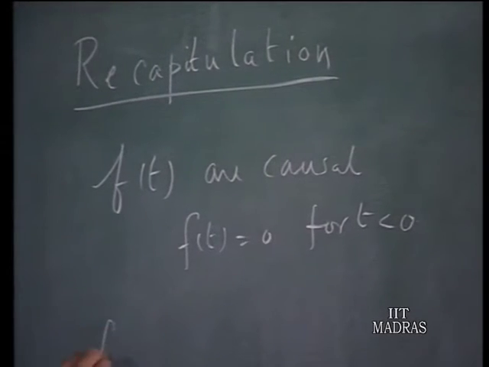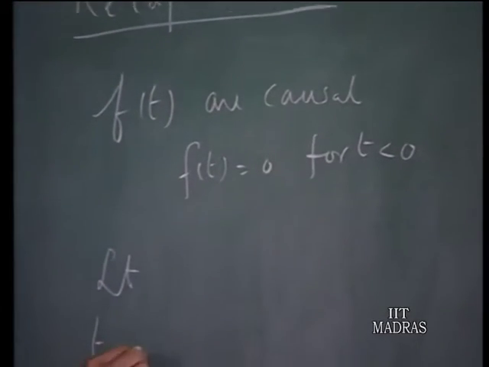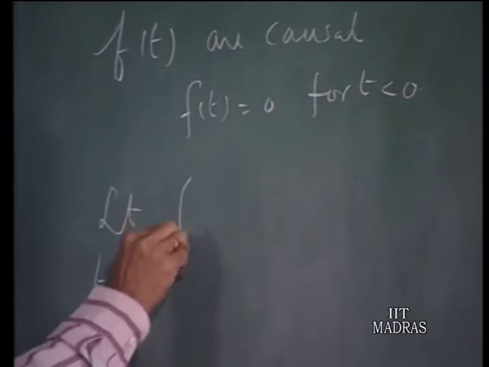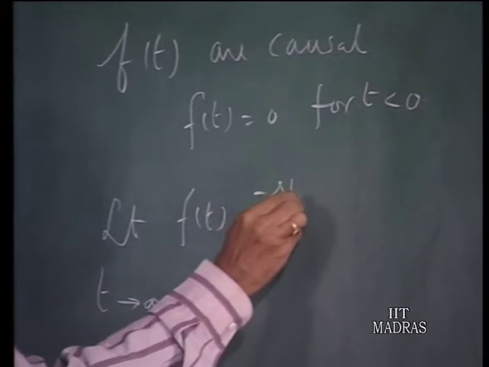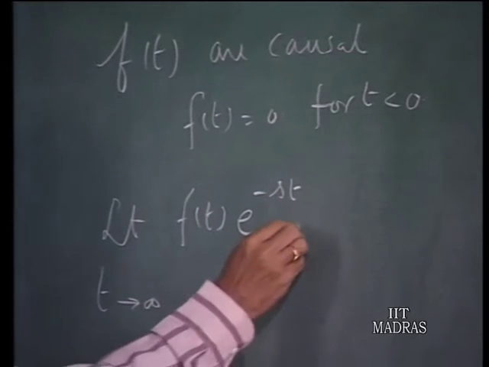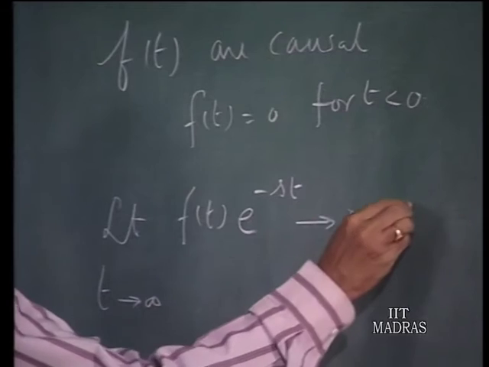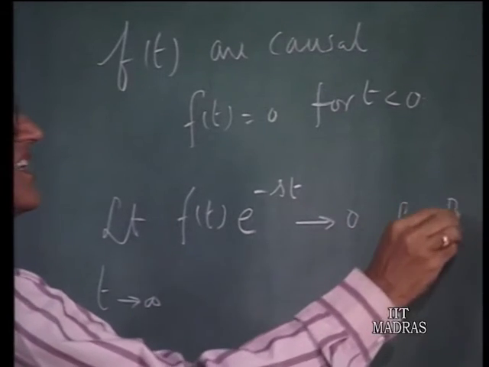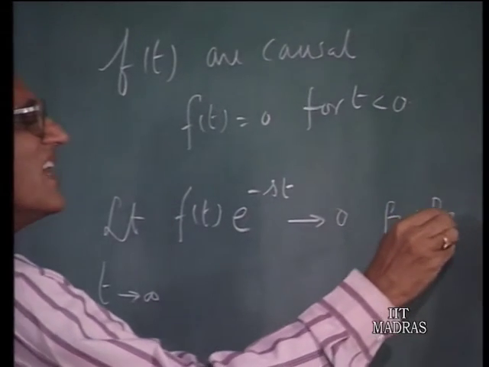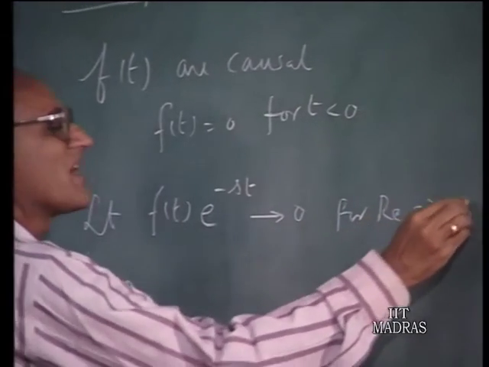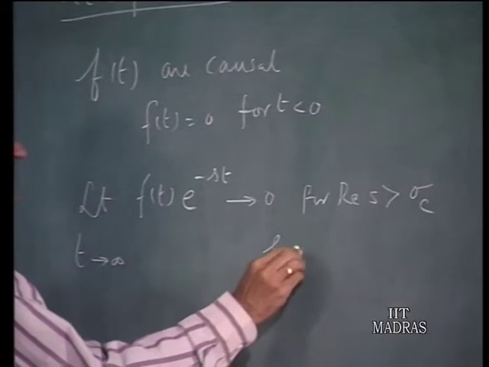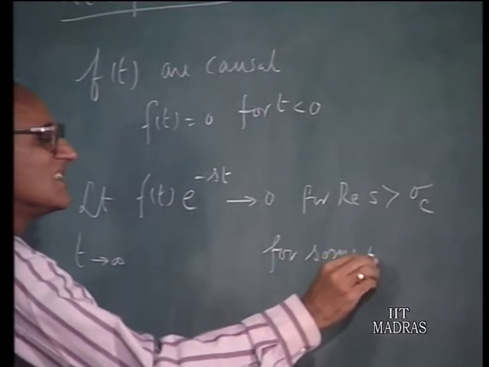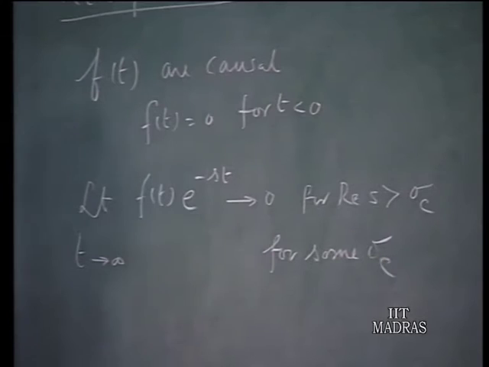That means limit as t goes to infinity of f of t e to the power of minus st goes to 0 for real part of s greater than some number sigma c, for some sigma c which is a function of f of t.